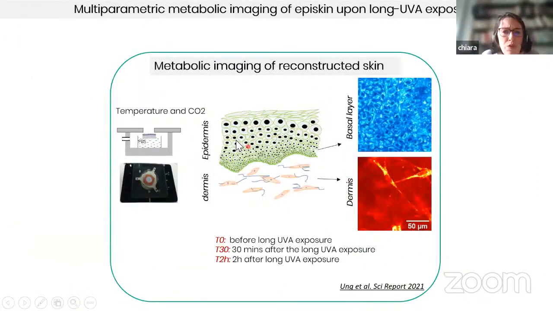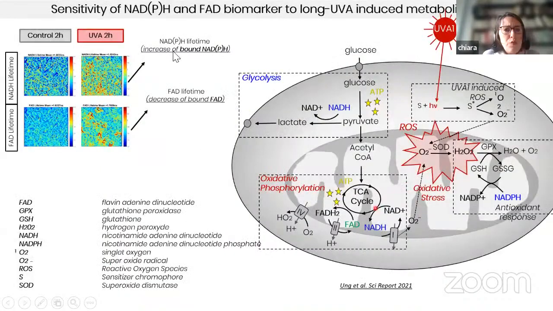So we image our skin sample in physiological conditions, both at the basal layer, where we have the stem cells of the epidermis, so keratinocytes, and then we go also in the dermis, where we have fibroblasts embedded in collagen.